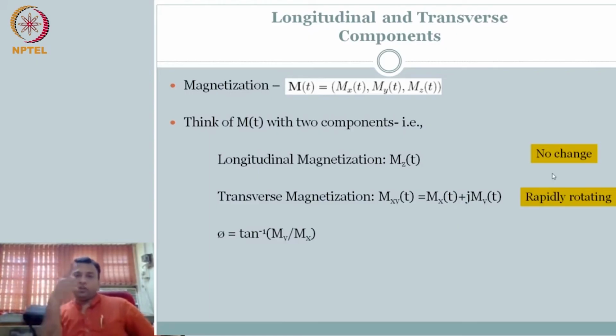This is the frequency, it is rotating rapidly, right? So your xy is changing. The projection on the floor is spinning fast. Whereas in the z direction, it is not changing much. So one component, the transverse magnetization, is rotating rapidly, whereas the z direction is not changing. So that is a very key component that we want to understand.